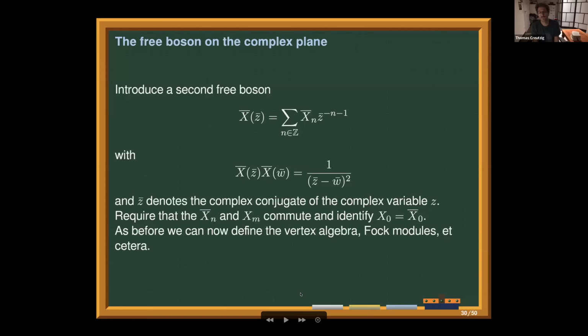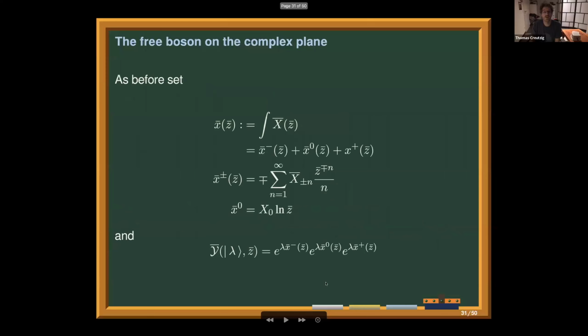And now for this barred vertex algebra, the antichiral one, everything is defined in exactly the same way as before, just that z is replaced everywhere by z bar, x by x bar, and x n by x n bar.